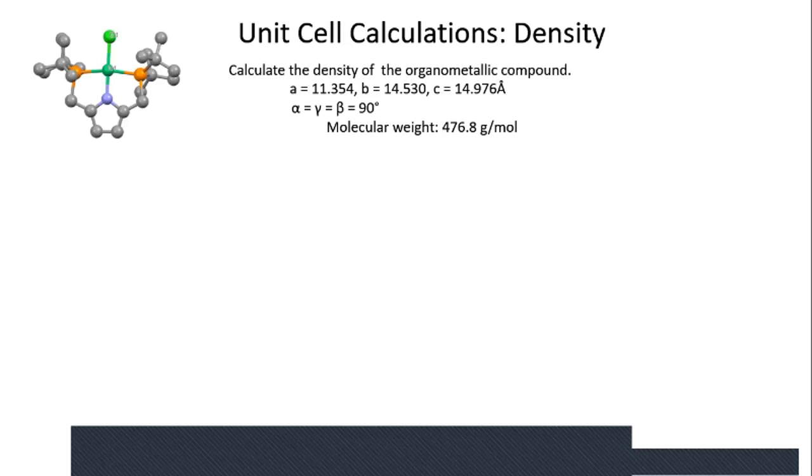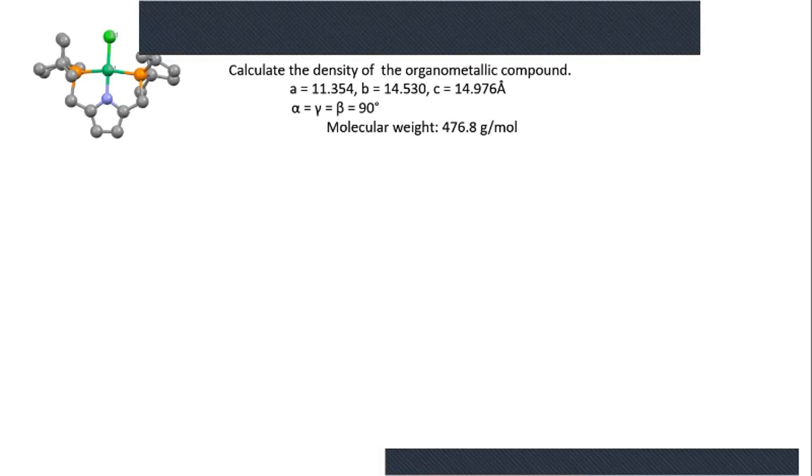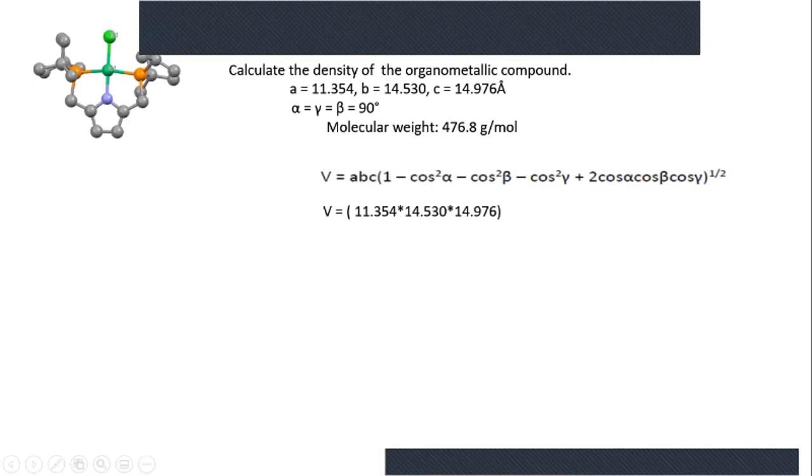So remember, density is mass over volume. So the volume equation, this is the one we're going to use. Since it's orthorhombic, because alpha equals gamma equals beta equals 90, all the cosine functions go to 0. So the volume is just simply A times B times C. Now this puts volume in angstroms cubed.